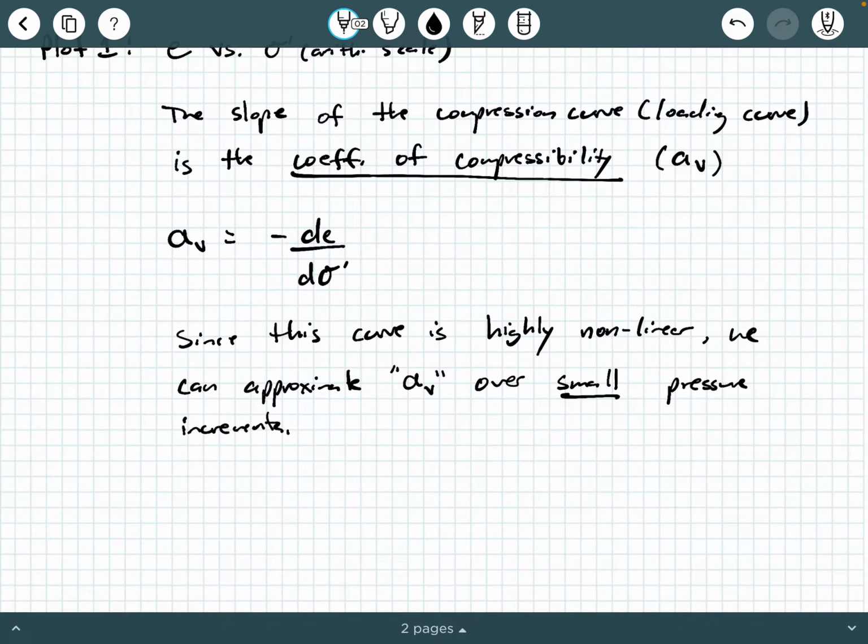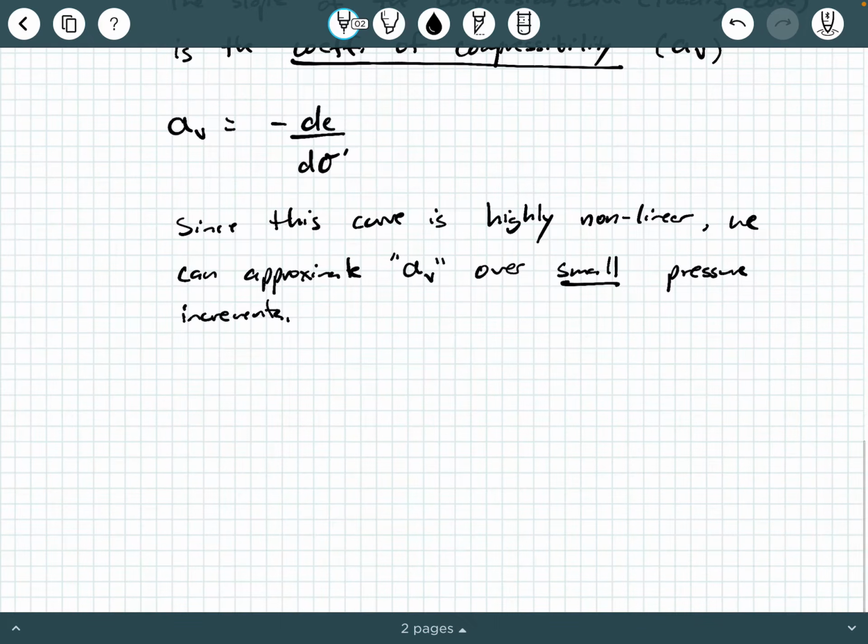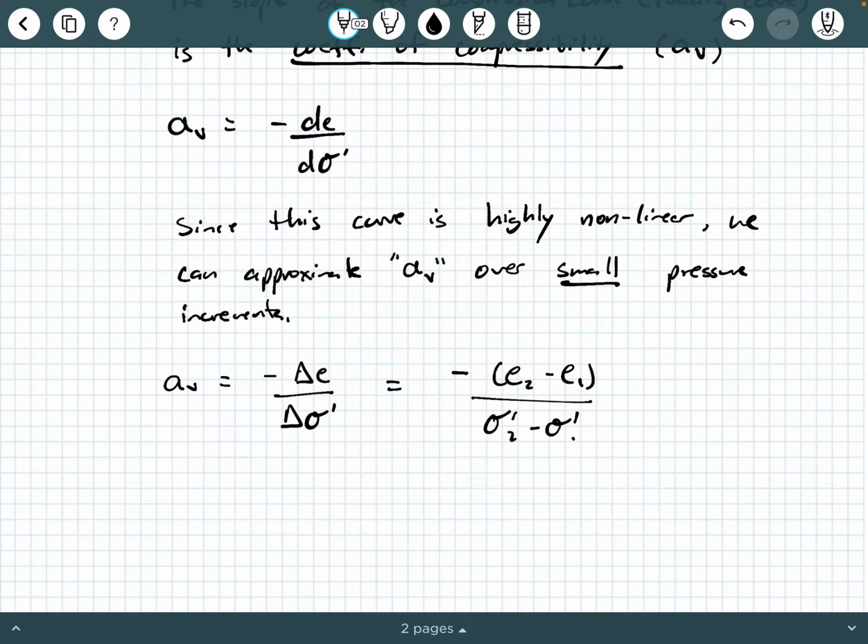Okay, so instead of a differential dE over d sigma prime, we would say a sub v equals negative delta E over delta sigma prime, okay? And then, of course, you can expand this by saying negative E2 minus E1 divided by sigma prime 2 minus sigma prime 1. And again, this negative is the same negative that's out in front here that indicates it's a decreasing curve. And then you can filter that negative through, and you can call that E1 minus E2 divided by sigma prime 2 minus sigma prime 1 over some kind of small pressure increment, okay?